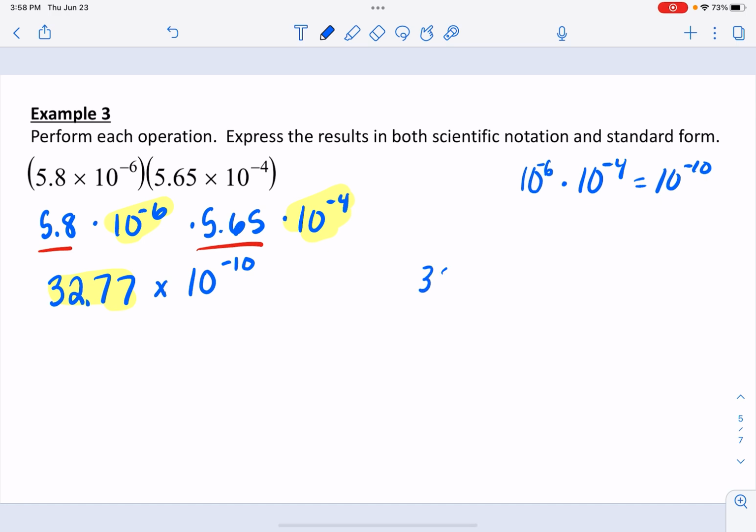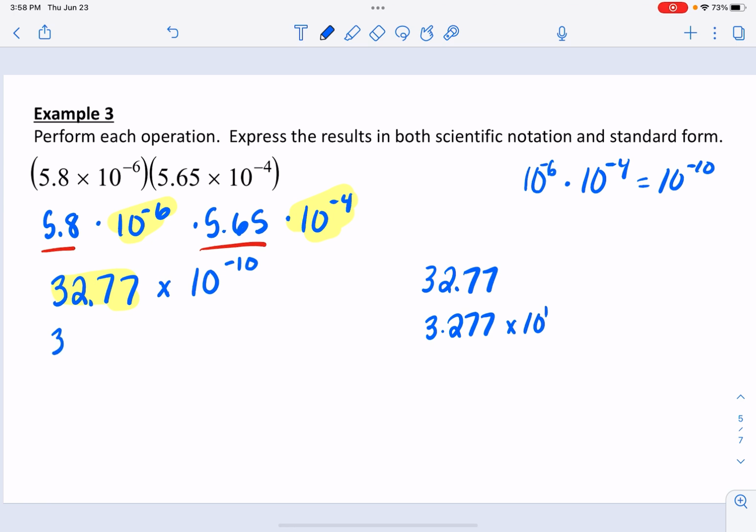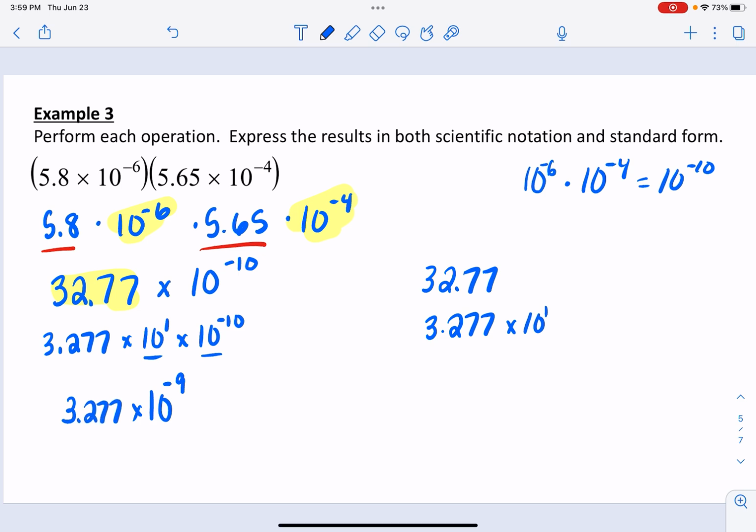So 32.77, if I move my decimal place 1 to the left, that's 3.277 times 10 to the first. So we have 3.277 times 10 to the first times 10 to the negative 10th. Again, I add those exponents. I apologize, I'm distracted. I didn't have confidence in myself. Add those exponents. So I have 10 to the negative 9th. I moved my decimal place 1 to the left, and that added 1 to my base 10 exponent.